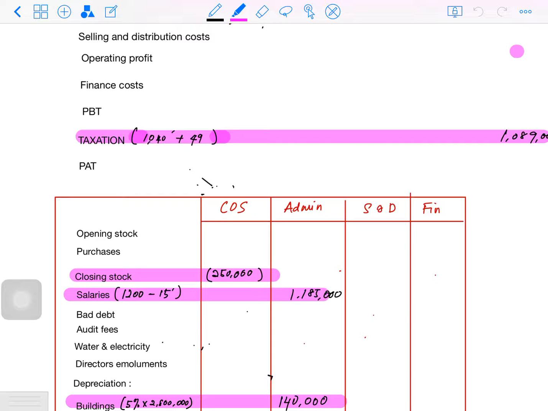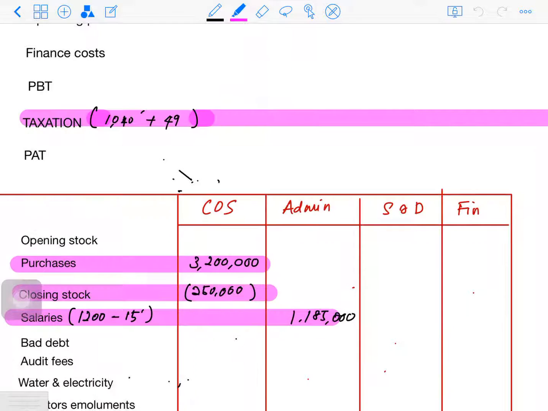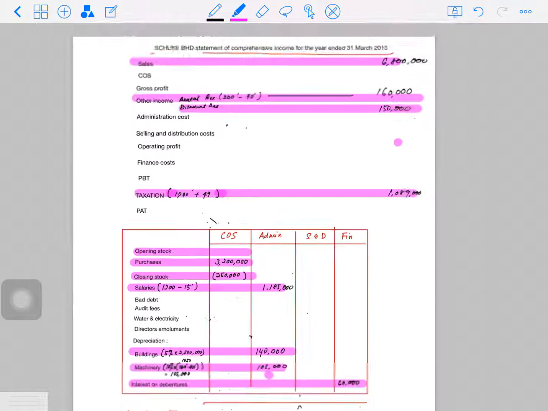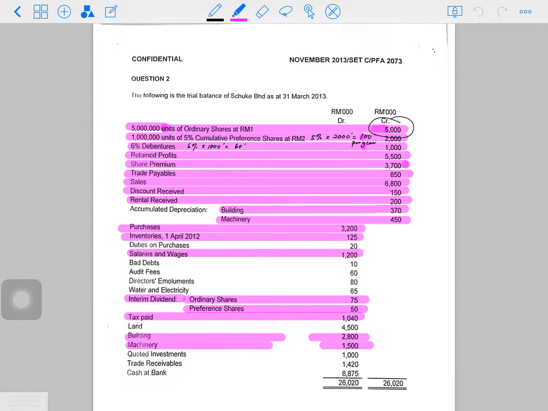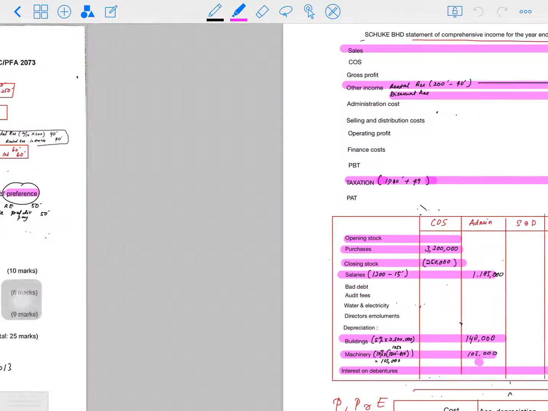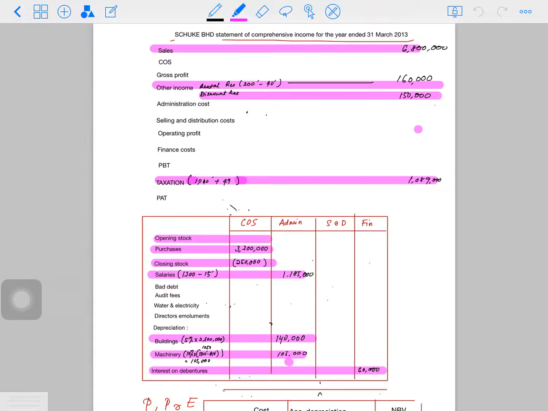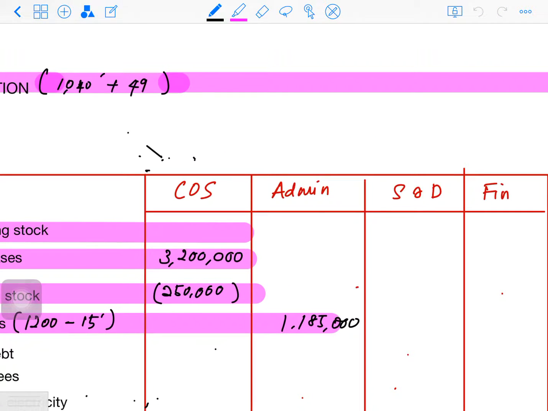Next, we have inventories at the beginning. 1 to 5. Opening inventories is also cost of sales. Opening inventories, cost of sales. How much was it? 1 to 5. Okay, 1 to 5.